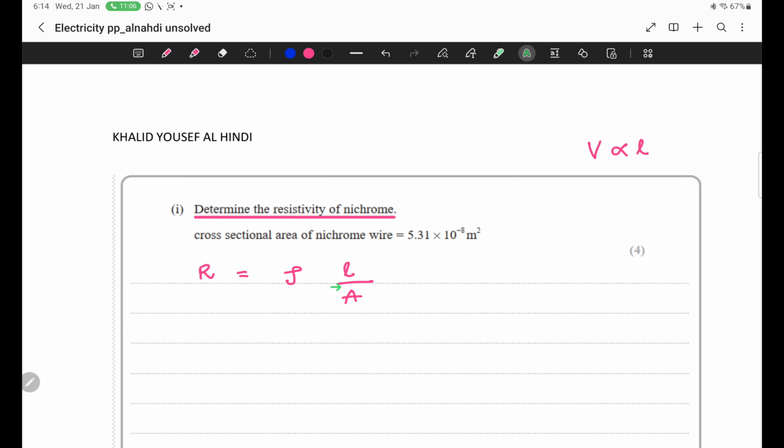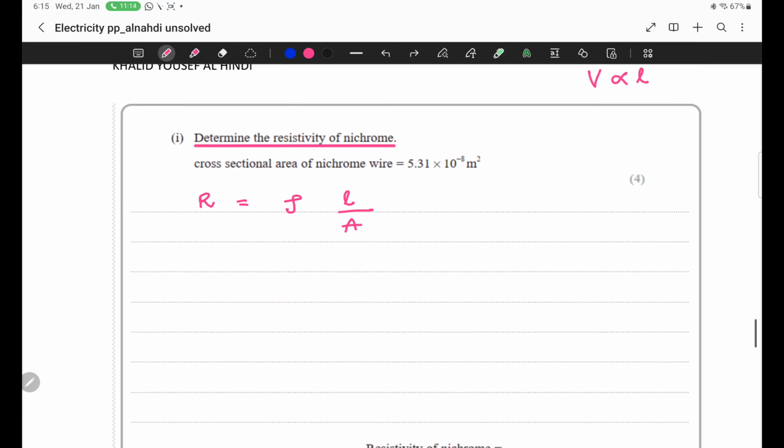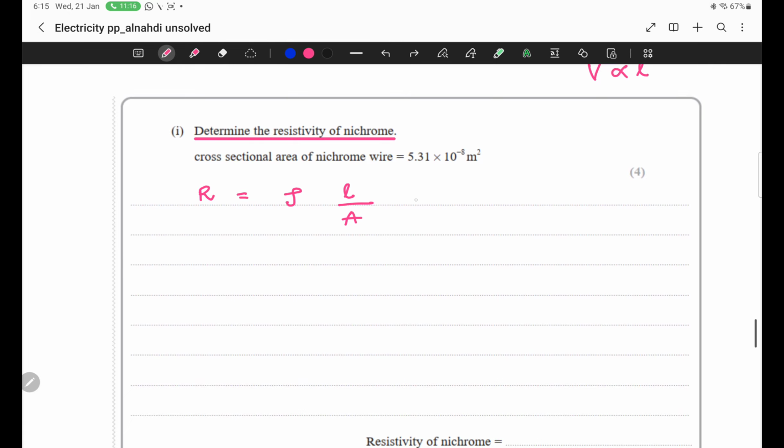Sorry, there is a length in this formula, but there is no voltage. So this R can be replaced by Ohm's law. According to Ohm's law, R is equal to V upon I. You know, resistance is the ratio of voltage and current. Then R equals rho L over A.